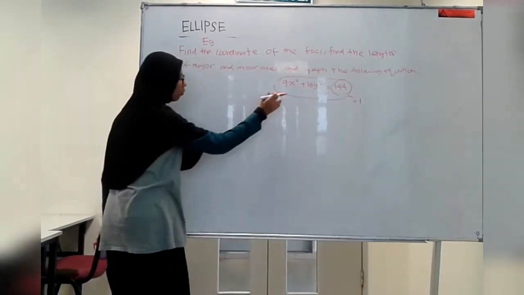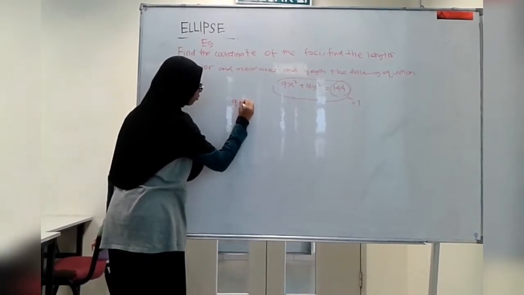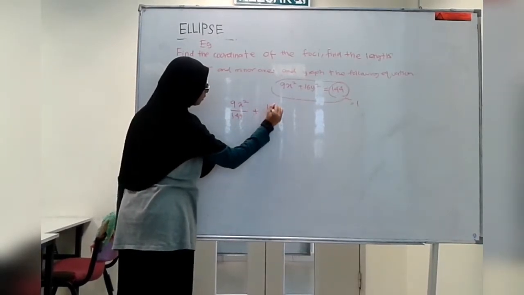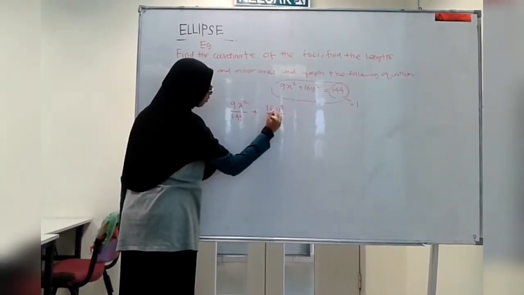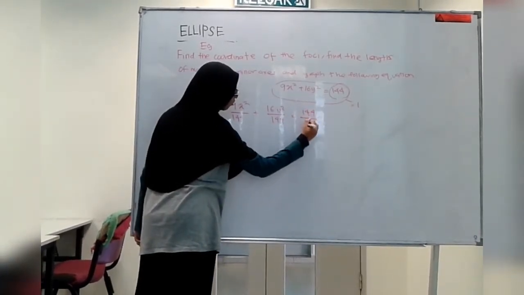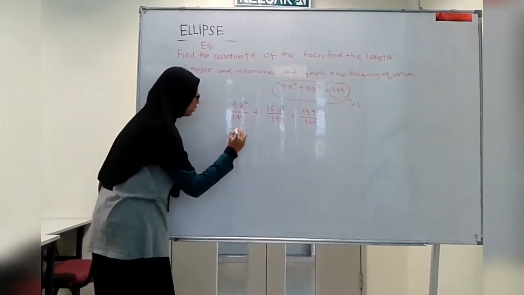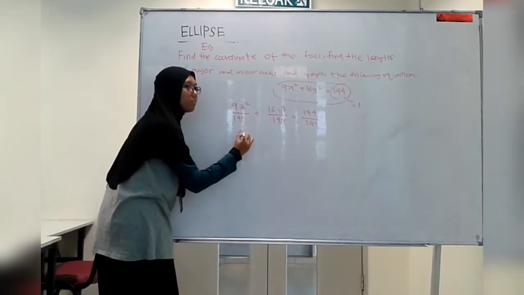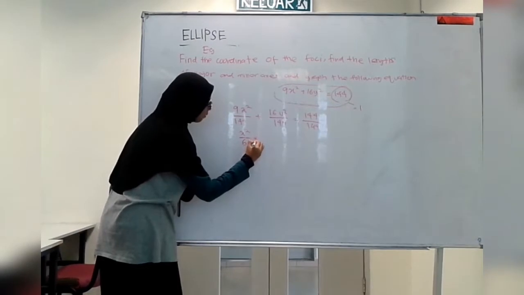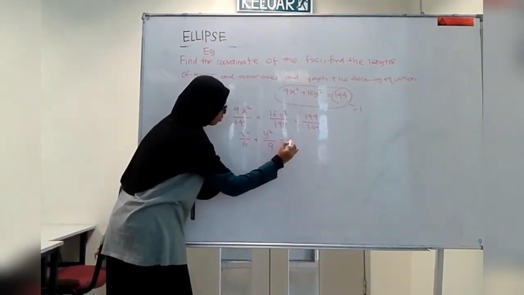So we divide all of this by 144. The answer is x squared over 16 plus y squared over 9 equals 1.